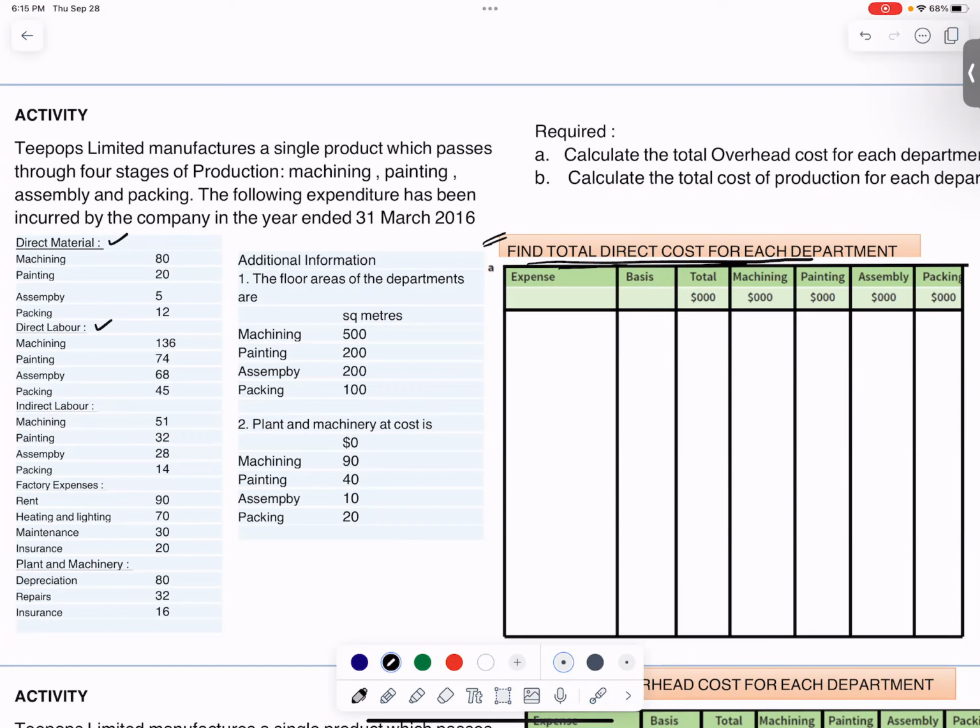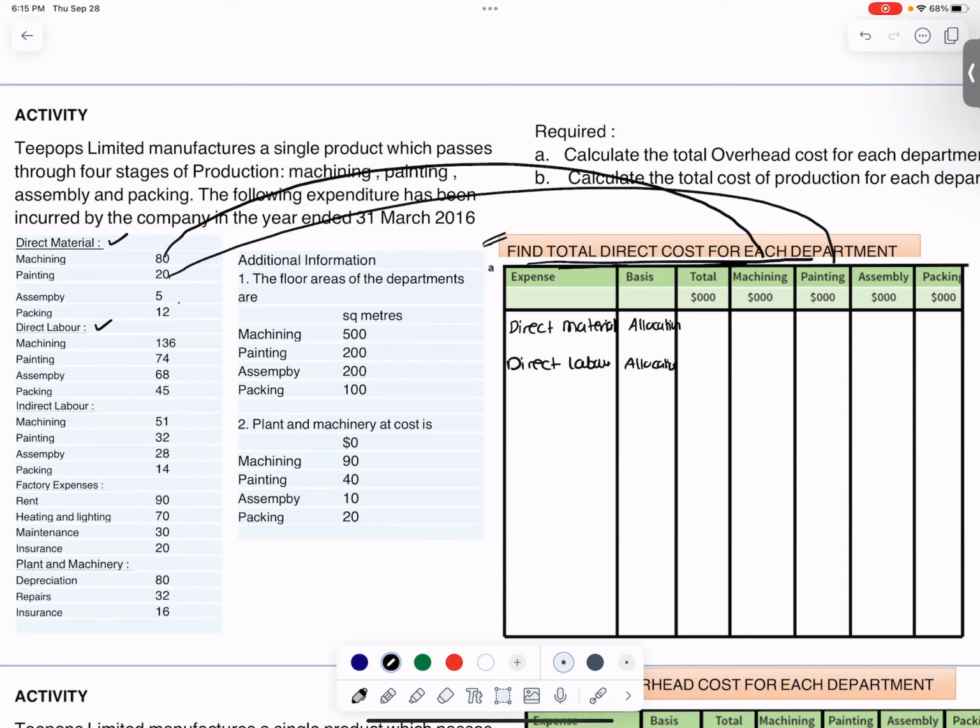Will I do allocation or apportionment? Allocation. So I will write it; please do along with me. The basis will be allocation. I will directly pick and put.